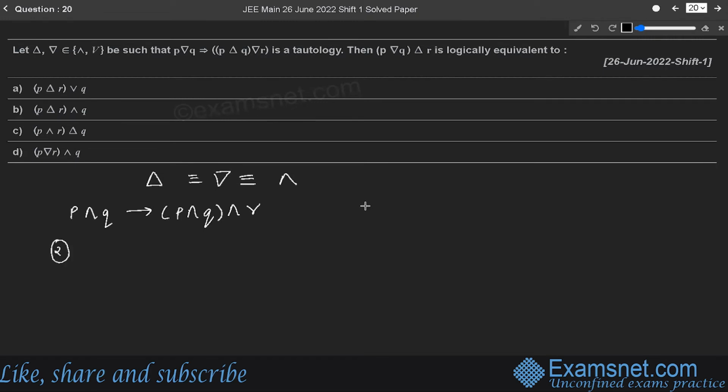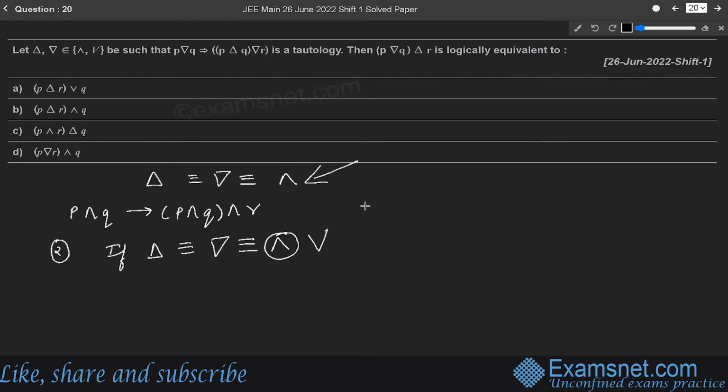Now, case second is if delta is equivalent to this and it is equivalent to this. So we can say that, again this symbol will change here because this was case first. Now we have to change this particular thing, so this function will change to this.